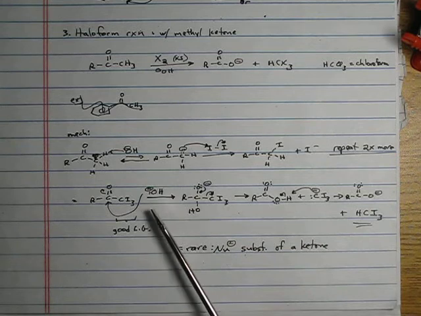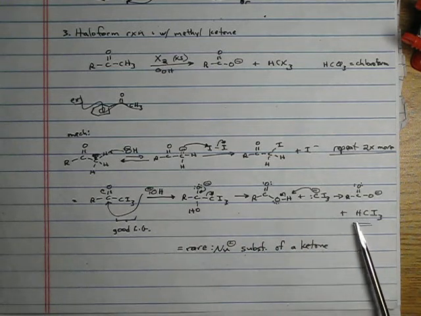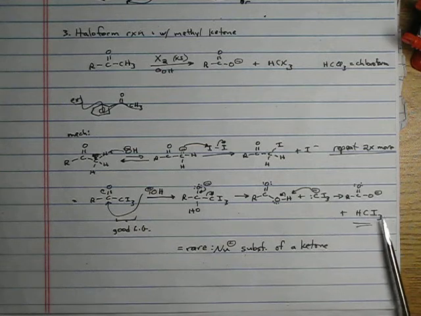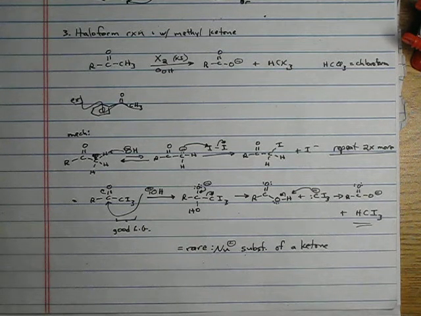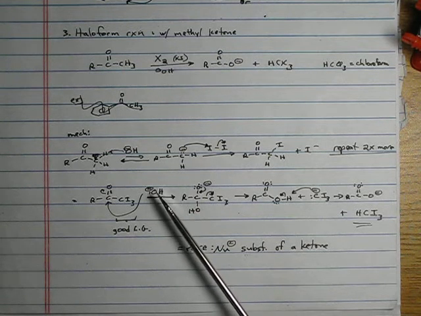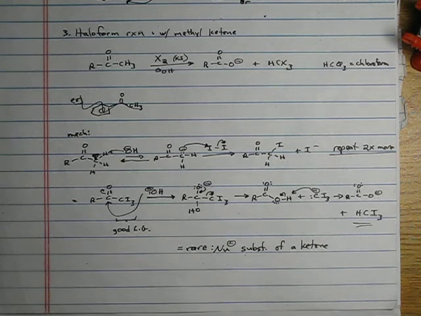Yeah, our final product would be DCI3, or arranging things and using chlorine, CDCl3, our main NMR solvent. So this is one way to make your NMR solvent deuterochloroform, is do the haloform reaction, but use deuterium instead of hydrogen in your catalyst.